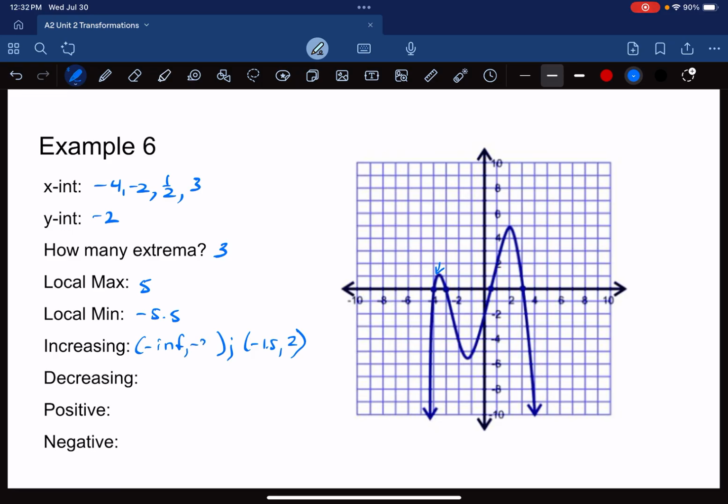So negative 3.5. Okay. Then decreasing, so that's where it starts. It makes the turn, and then it goes down to that negative 1.5 right here. And then it's decreasing from 2 to negative infinity.